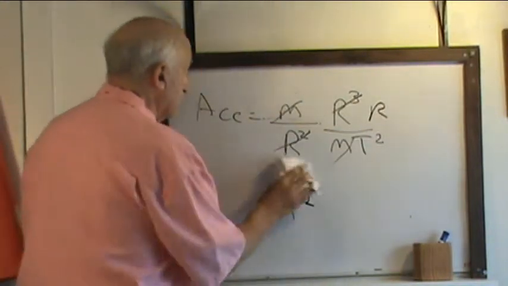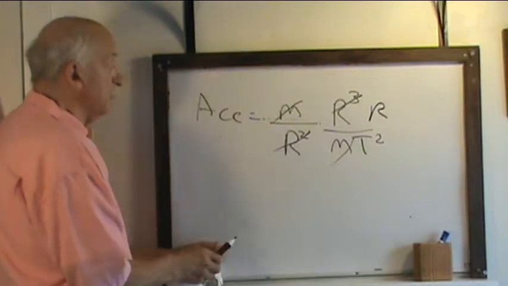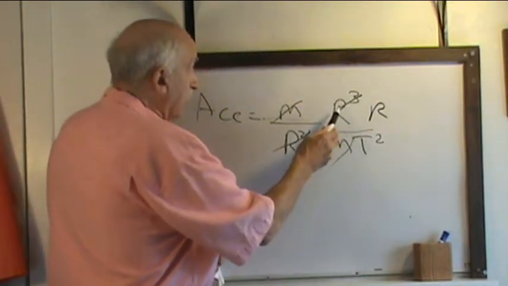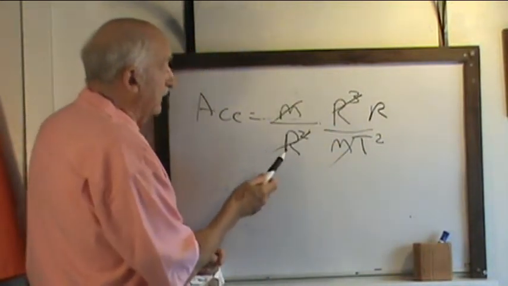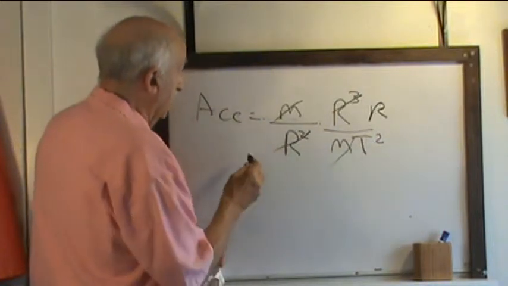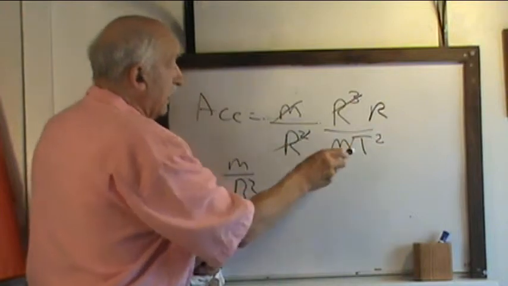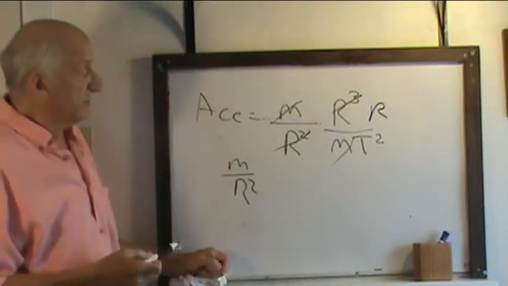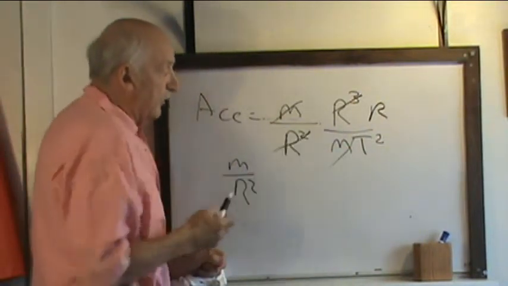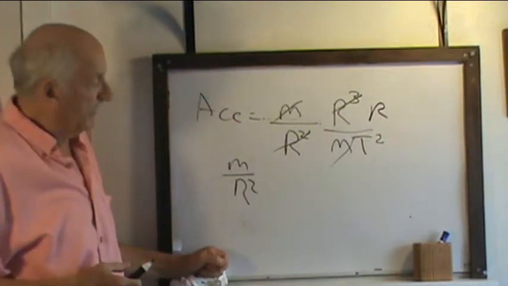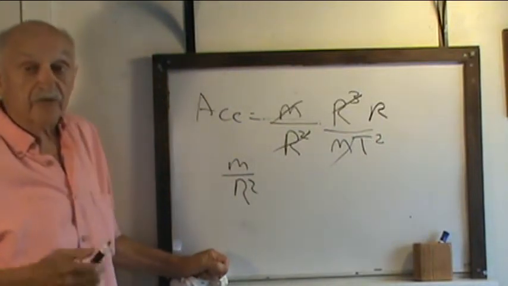But there's something else you can do too, and that is that you can take two of these r's, and those two, radius squared divided by the period gives you the velocity.